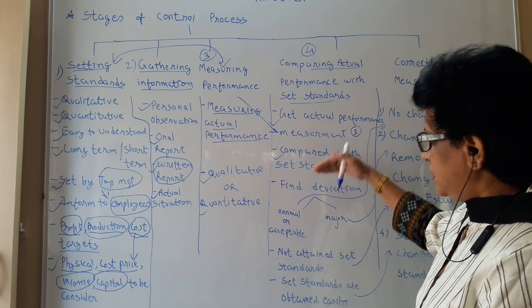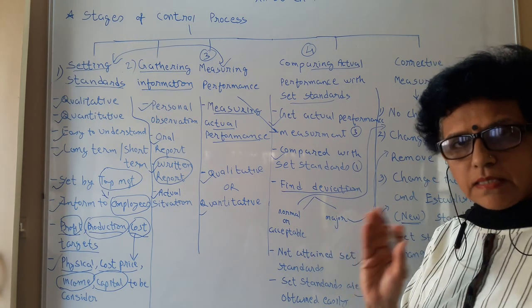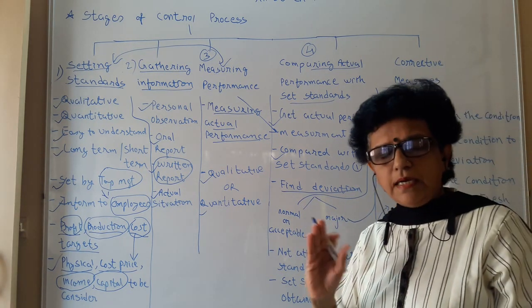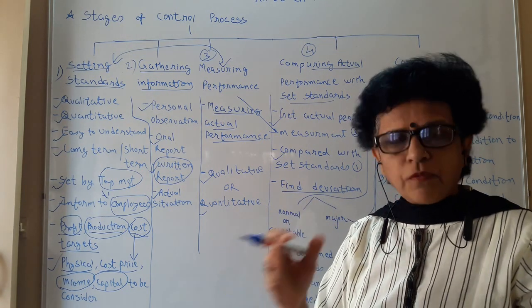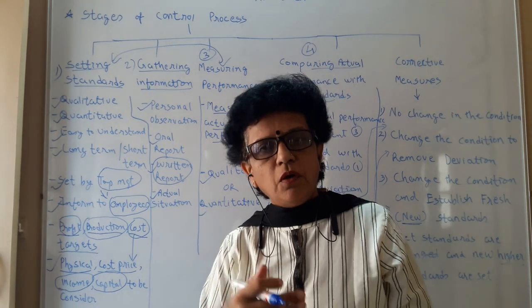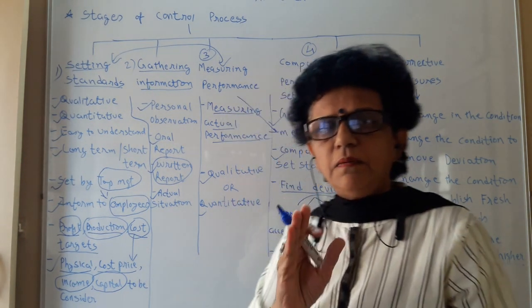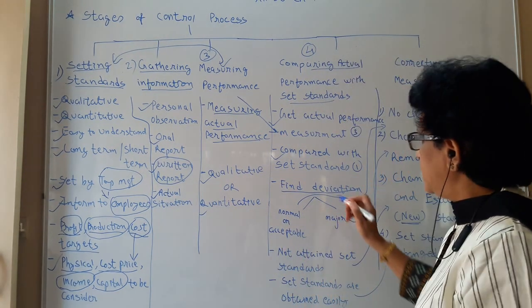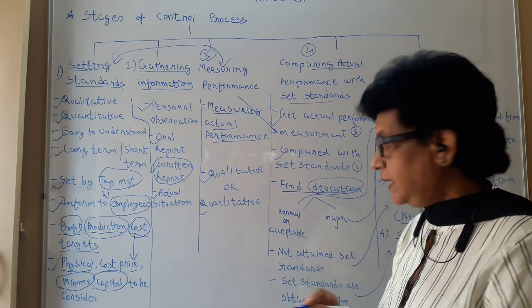When you compare these two, you will find the deviations, you will find some change. It is hardly possible that figure to figure things are the same. All humans are different, all human efficiency is different, all human dedication towards work is different. So you will find some deviation, something different from what you are getting.